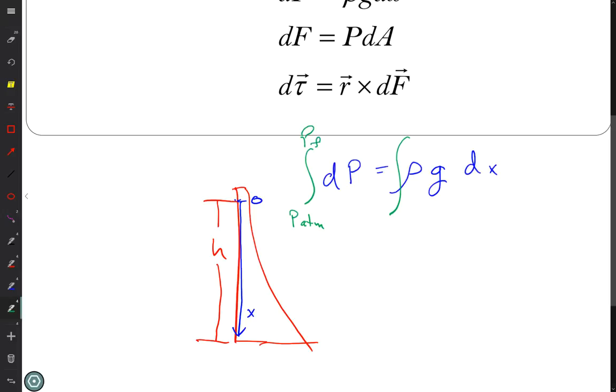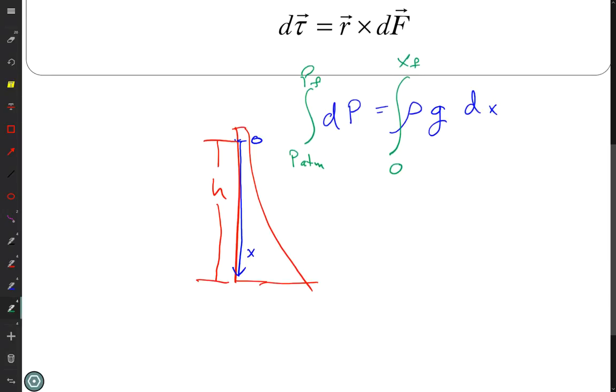What about for my X? What's the starting X? 0. And what's the final X? Okay, X final. And so now the integrals are, like I said, it's real simple. Integral of dP. Anybody else sweating a whole lot here?